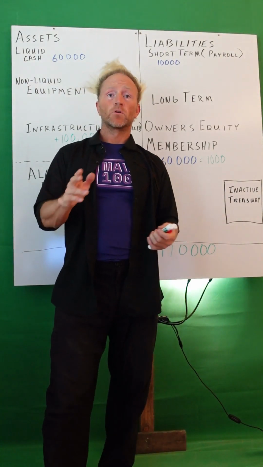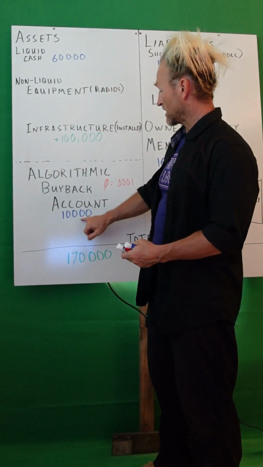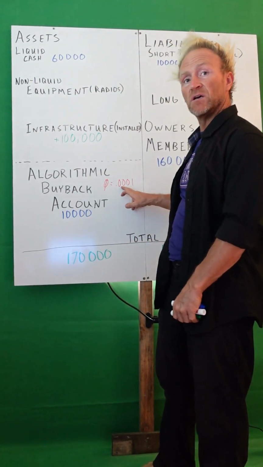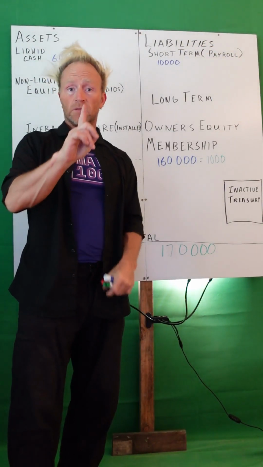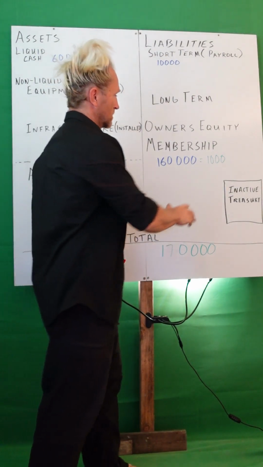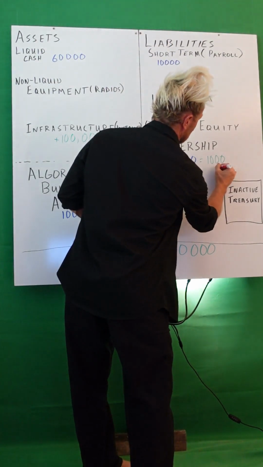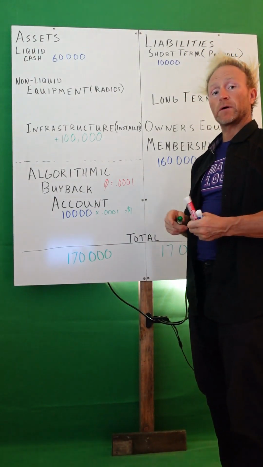That way, if someone wants to sell one membership, they get 10,000 times 0.0001, or $1. They sell their one membership, they get $1. That means there's 999 memberships left, and we take $1 out of the algorithmic buyback account.